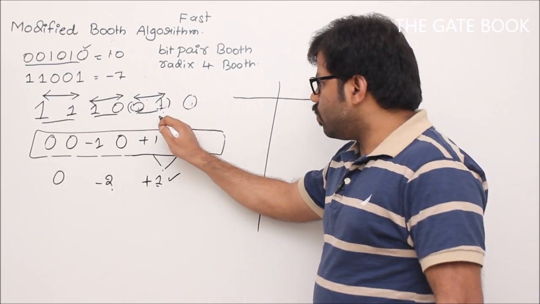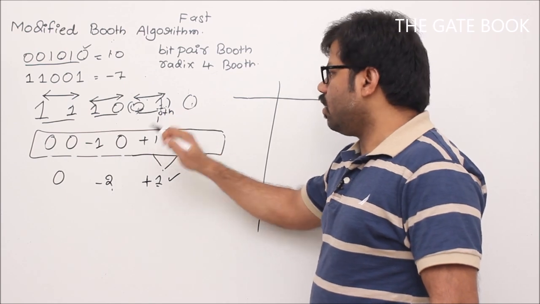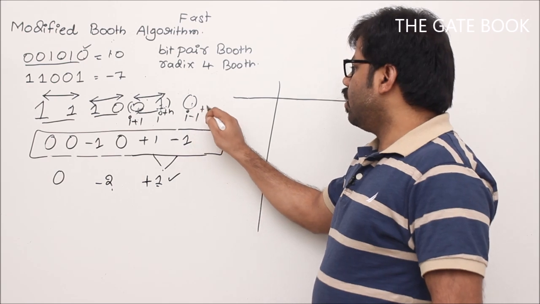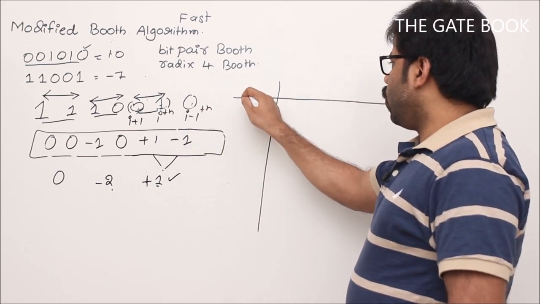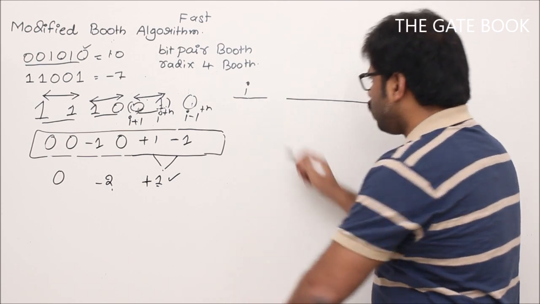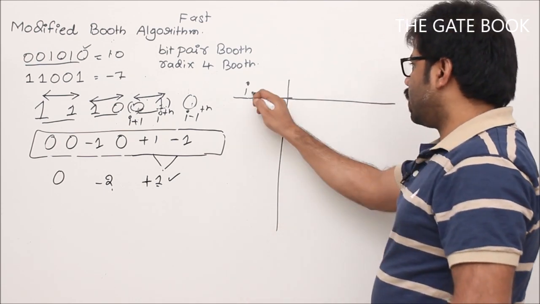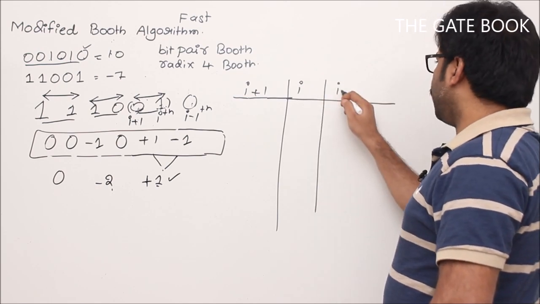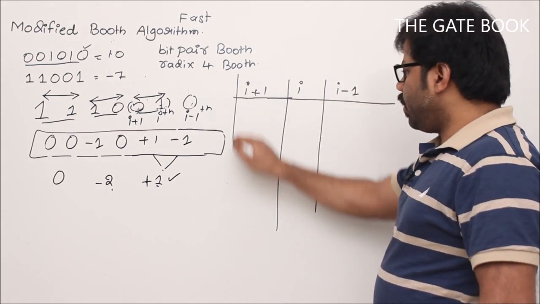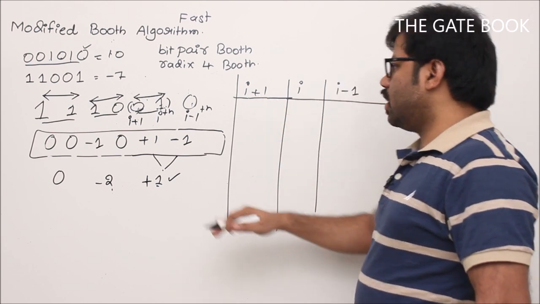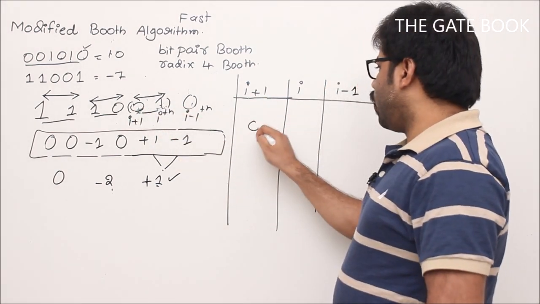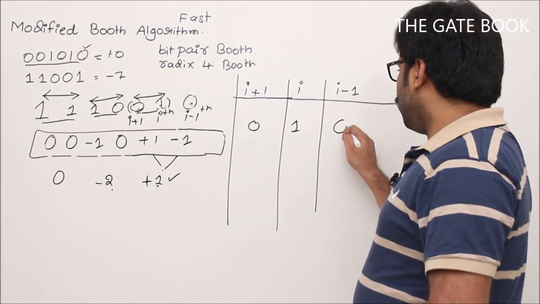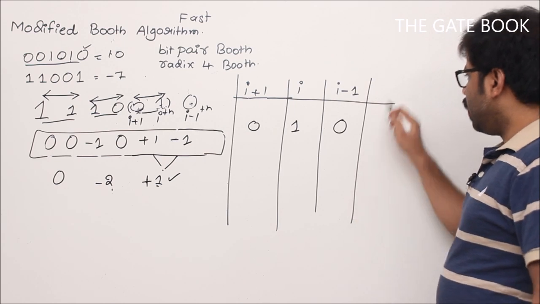If you want to know, let us do that. Assume that this is the ith bit, this is the I plus 1th bit, correct? This is the I minus 1th bit. So let us write it: I plus 1th bit, ith bit, I minus 1th bit. If the I plus 1 bit and ith bit are the pair you are considering, let us say they are 0, 1, and the supporting bit is 0, then what is the action we are going to take?